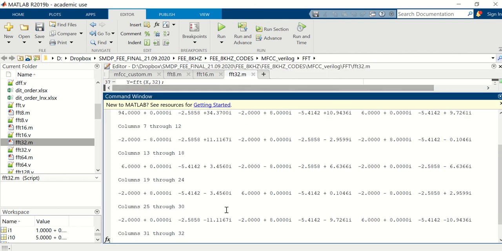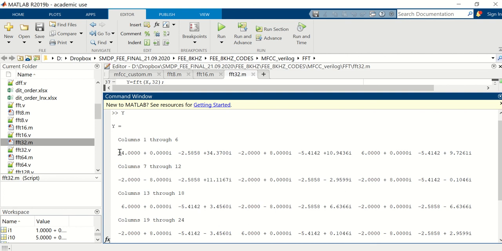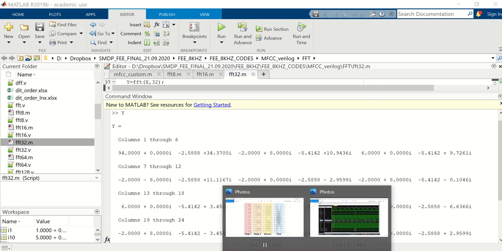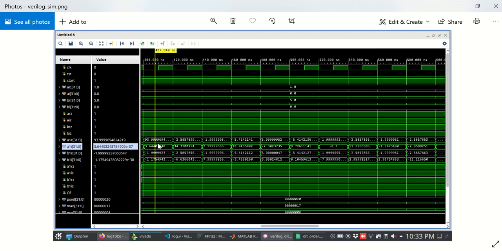So here we have 32 output values, and if we observe A1R, A1I, B1R, B1I, we have two outputs from the butterfly, right? That is why we have four sets of values. This is 93.99, the real part of one output, and 3.64 is the imaginary part of one output.